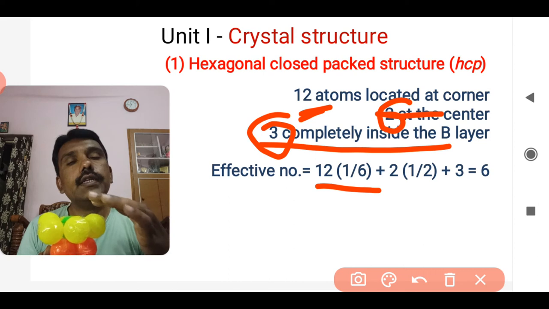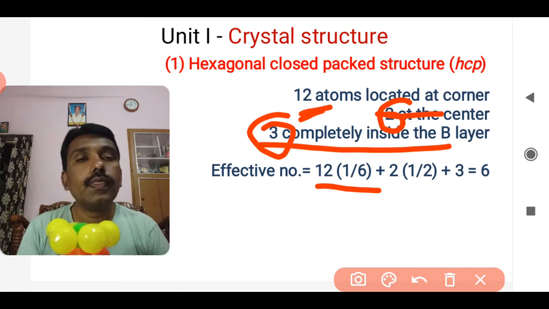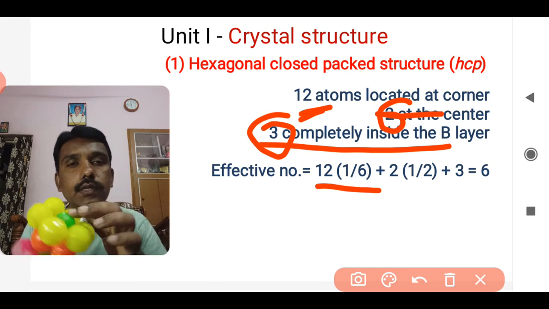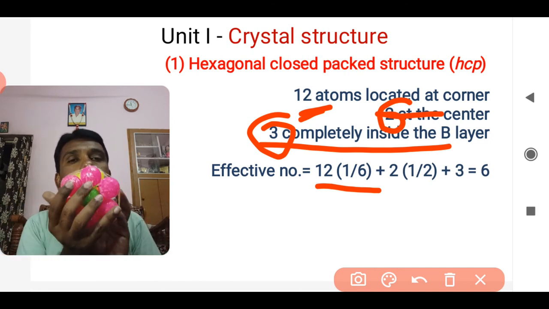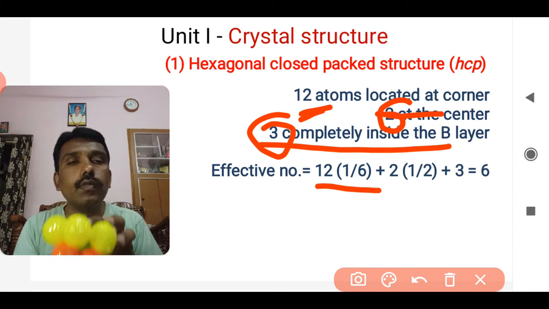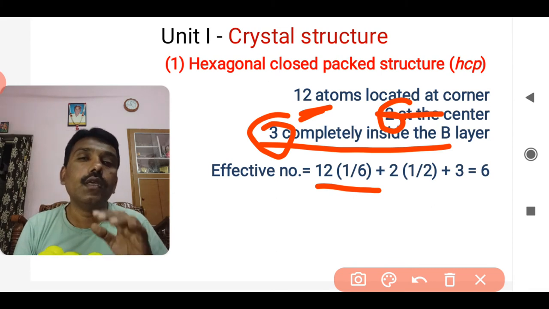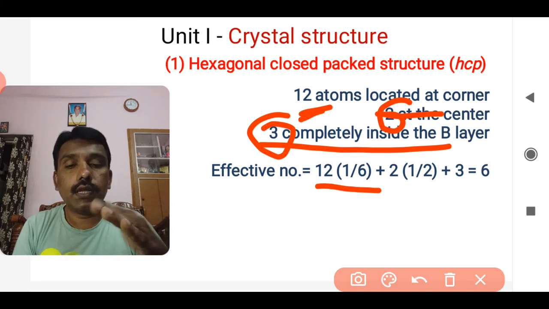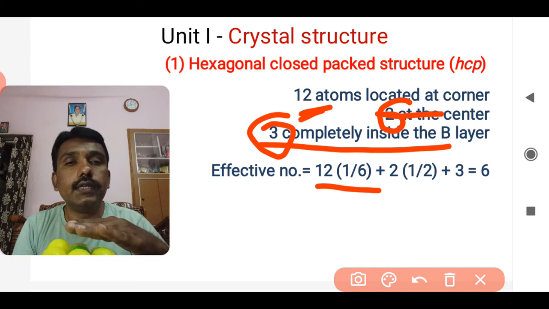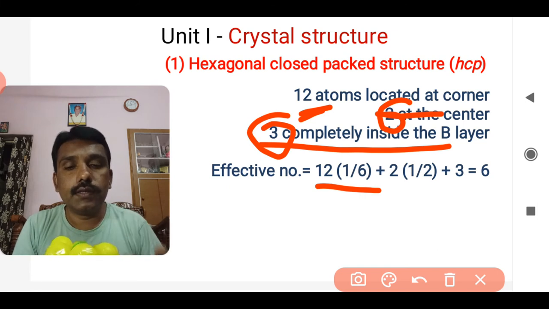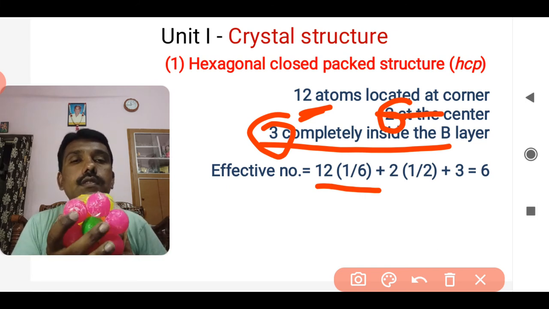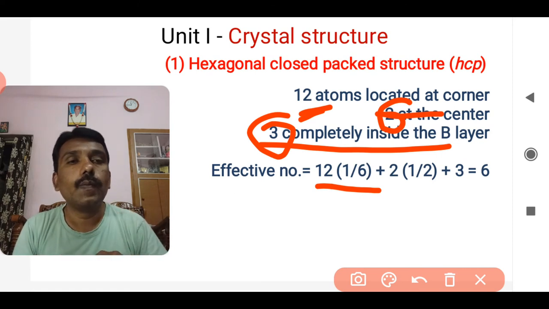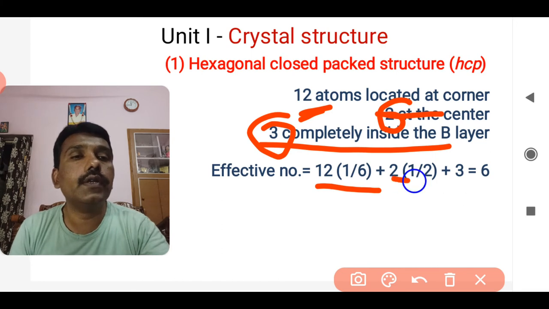As for the 2 center points, each covers half of the surface area, this side covering half and the second atom covering the other half, and that's why it is written as 2 into 1 by 2.